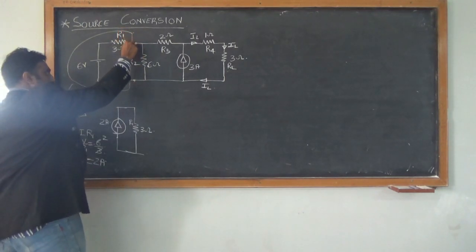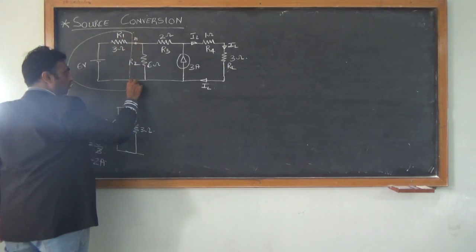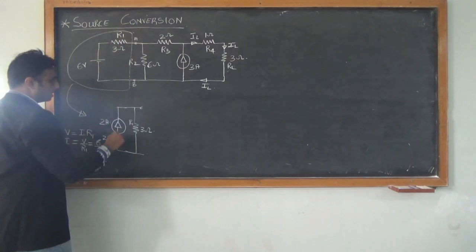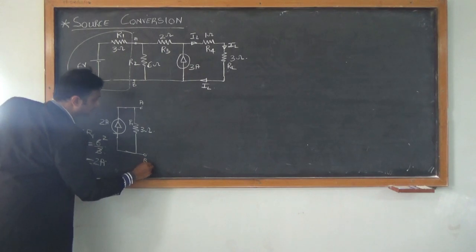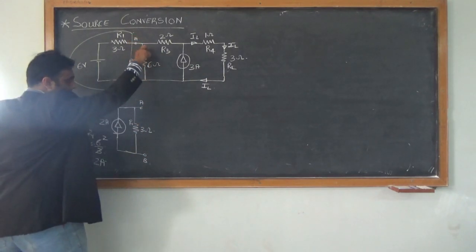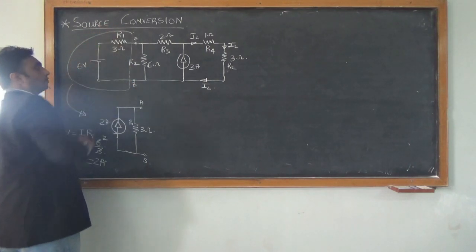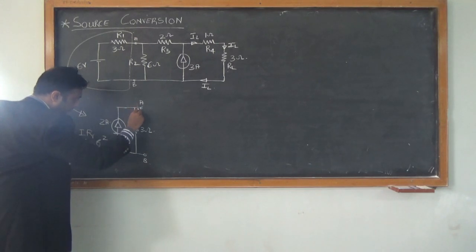So I am only cutting this circuit. If I call this A and this B, I now add the rest of the circuit back on. What I did is only change this from a voltage source to a current source.